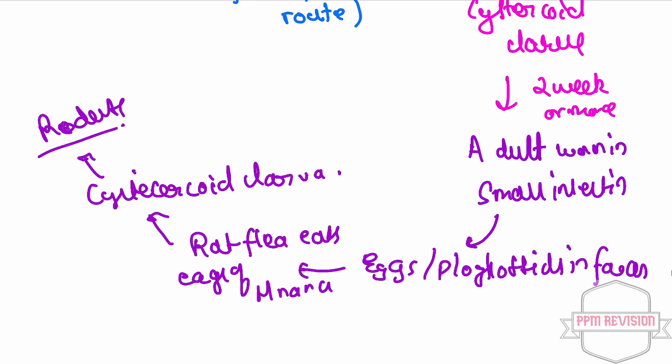Now looking at the main cycle, from the eggs, the eggs may hatch out in the intestine.